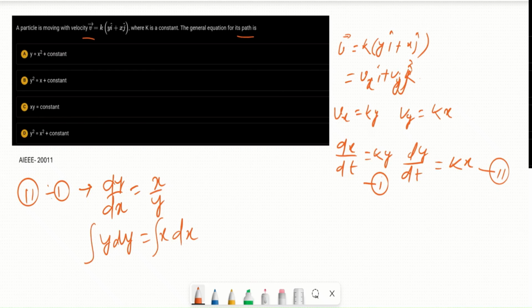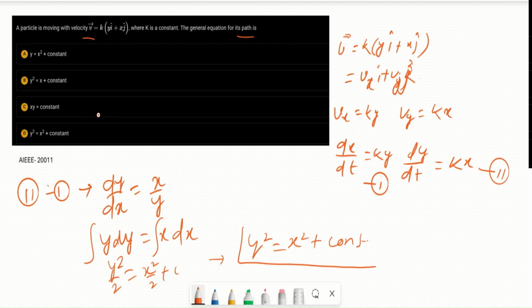So what we get? y square by 2 is equal to x square by 2 plus c, or simply we can multiply both sides. So we get y square is equal to x square plus 2c, which is nothing but a constant, right? So this is the dependency of the equation of motion with respect to x and y.